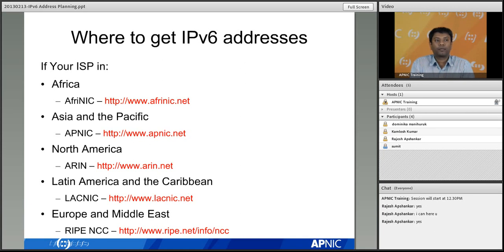Okay. So if your company belongs to or is situated in any of the regions, then you should go to your corresponding registry and get the address from there. That's what the registry structure is. We are in Asia Pacific, so APNIC is the registry to give address in Asia Pacific.